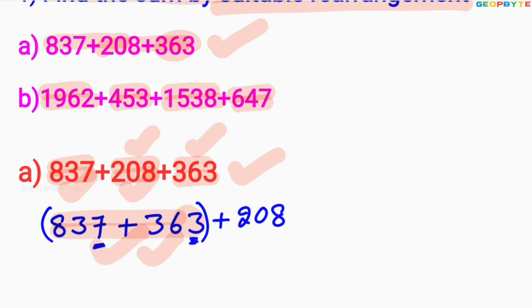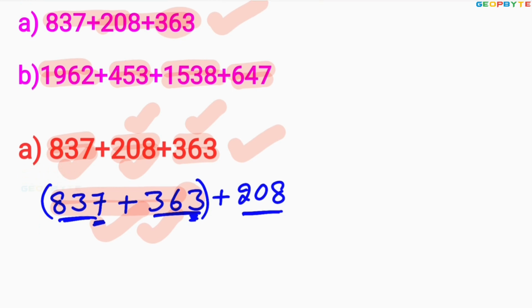How much, my dear students? 10. You are getting 0. It means indirectly this addition gives a rounded figure. Therefore it is very easy to add 208 to that rounded number.